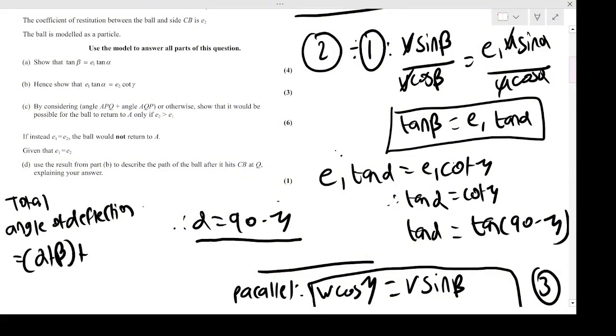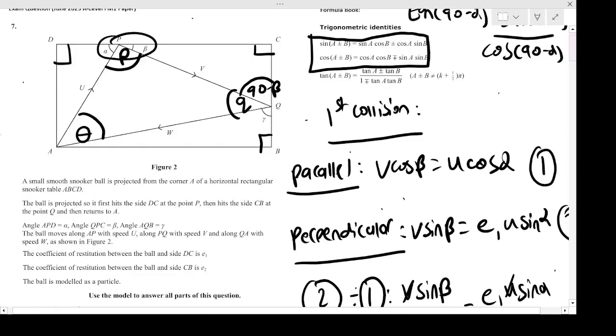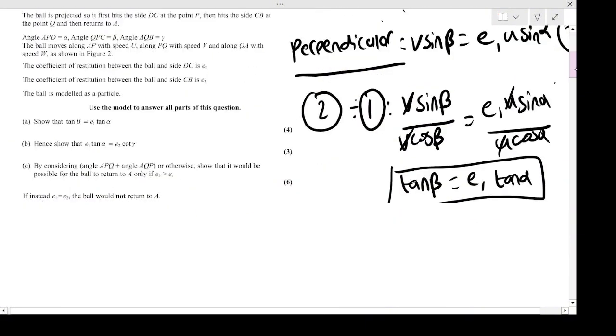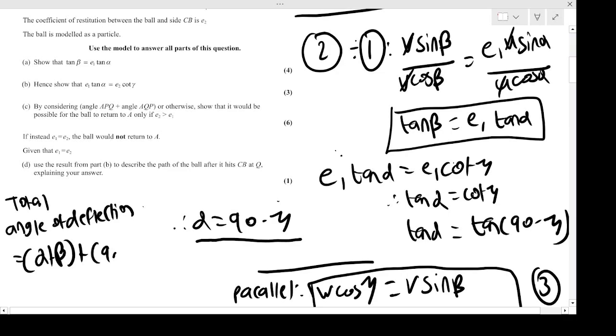And then for the second collision, again, it's going to be the before and the after angles added. Before it's 90 take away beta, then after it's gamma. So it's going to be 90 take away beta add gamma. And that will simplify, well, the betas cancel. So it's going to be 90 add alpha add gamma.